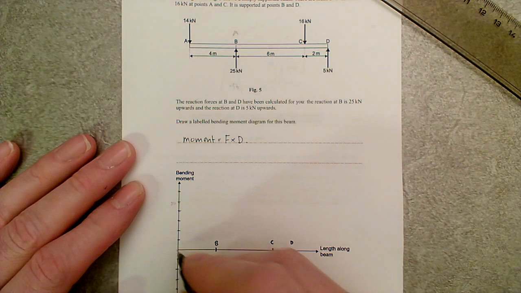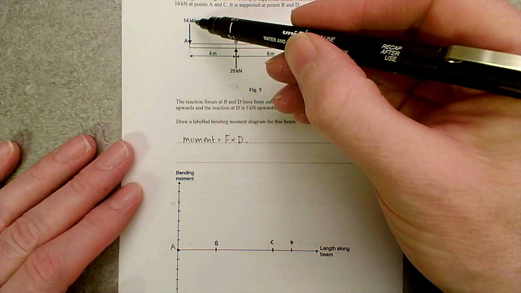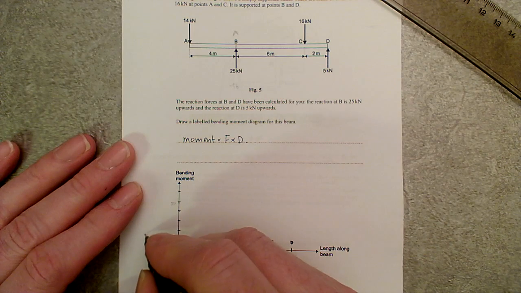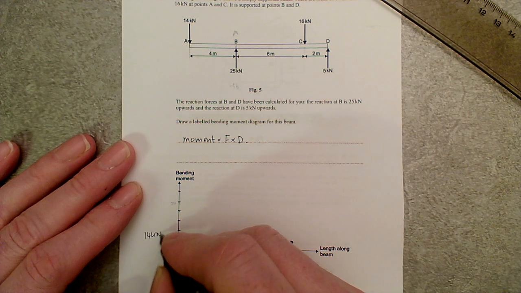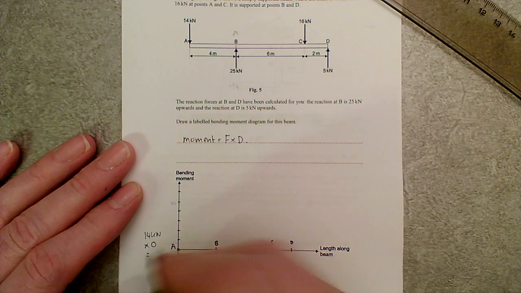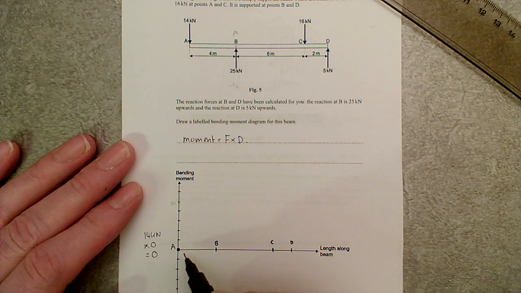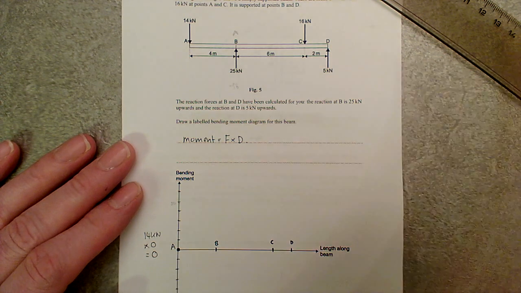So let's start with point A. Now at point A you have 14 kilonewtons, but you have 0 distance. So effectively you've got 14 kilonewtons multiplied by 0 equals 0. So there is no bending moment at point A.